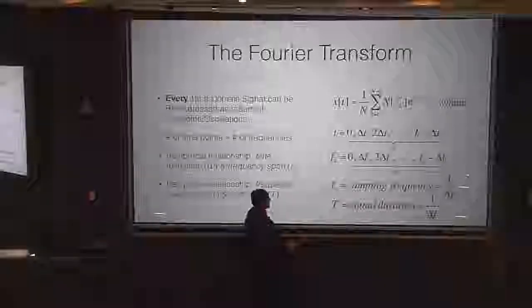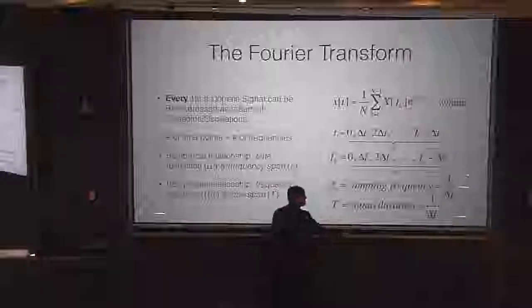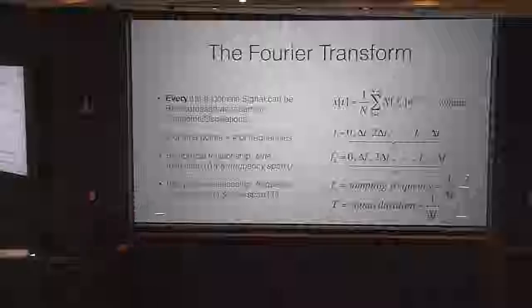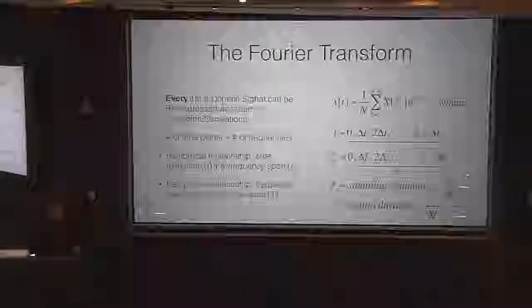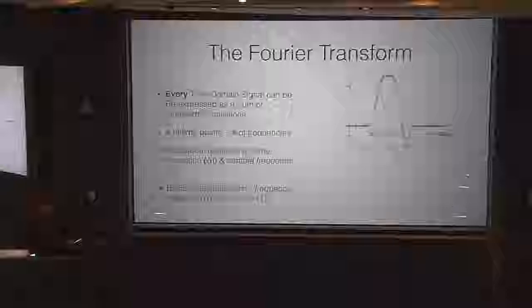And conjugate to that, the highest time, the duration of the signal, goes along with the frequency resolution. So I'm going to try and stay away from equations and give some examples instead.